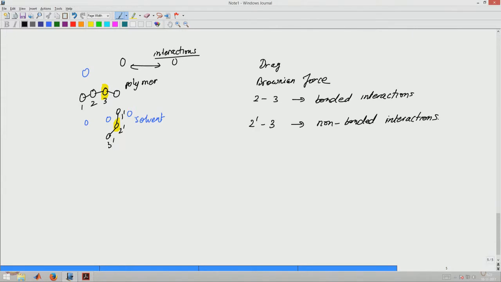So, we have both bonded and non bonded interaction. In this case of a polymer solution, we also have the interaction between the particles and the surrounding medium, which could be a solvent medium.